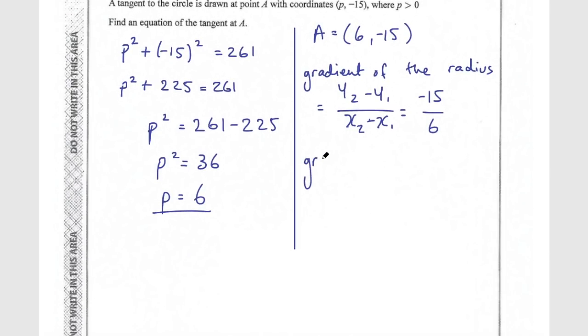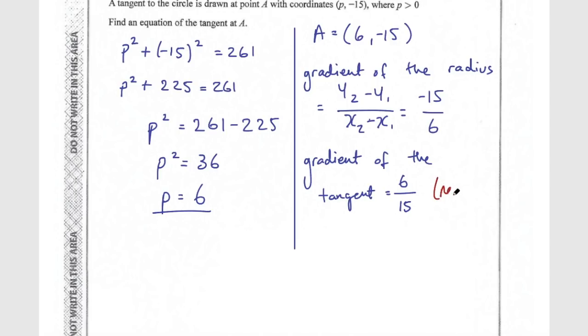So we can say the gradient of the tangent will equal the negative reciprocal of minus 15 on 6. So we flip that fraction and we change the sign. So the gradient of the tangent becomes 6 on 15.